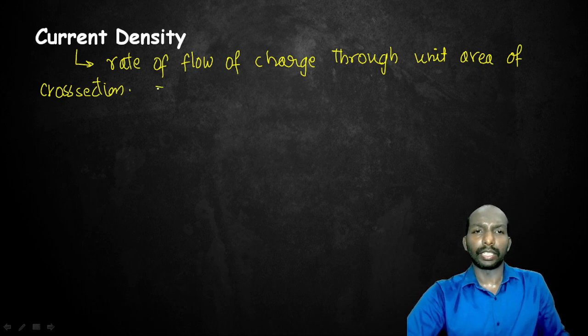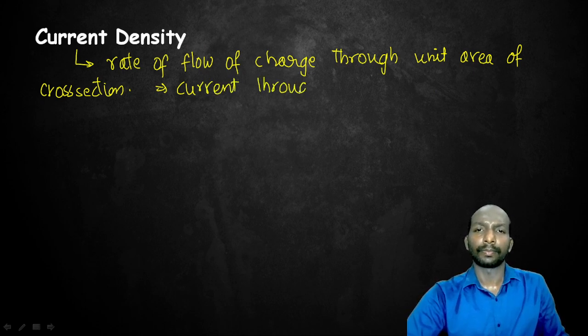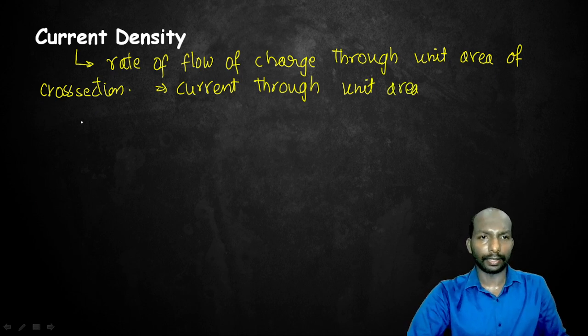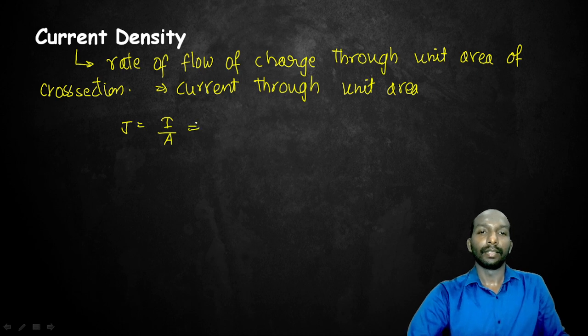It is nothing but current through unit area. So J equals current by area, or I equals J into A.